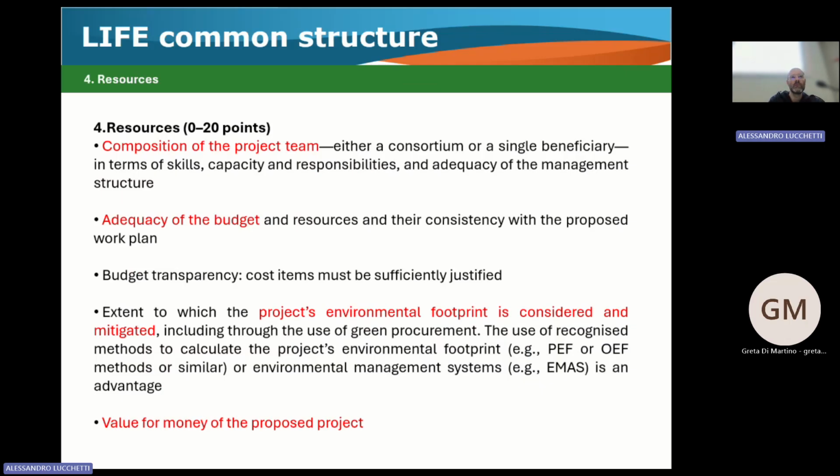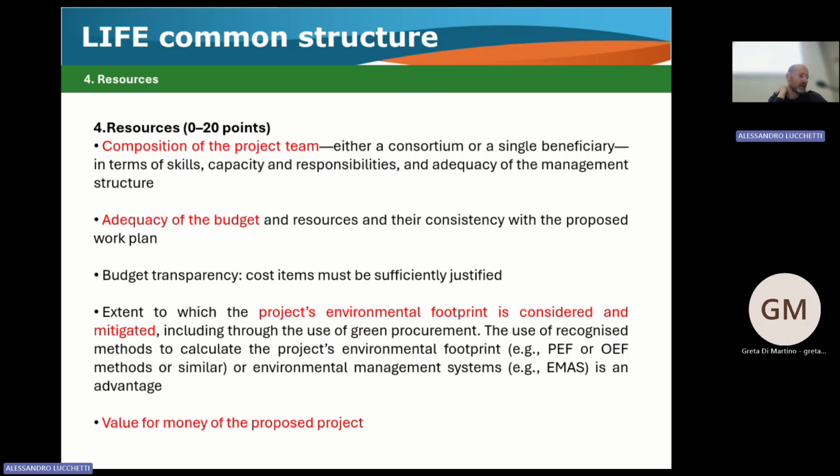Your budget has to be adequate for what you are doing. It's a really tricky point because, for instance, one usual criticism is, okay, you put too much budget on personnel cost. This is always the same, and therefore you have to justify every single expense that you make.